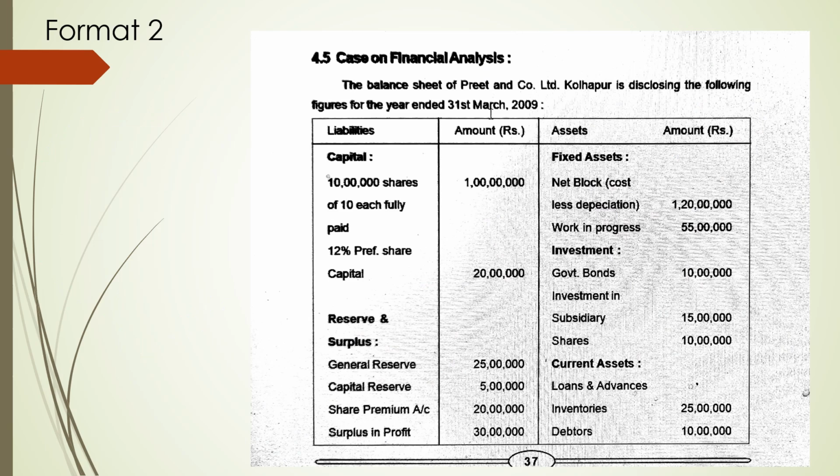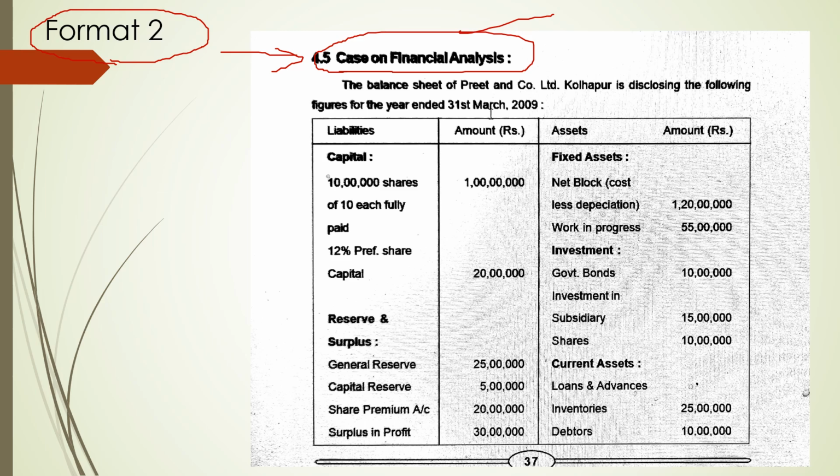So the first format was the written format, and the second format is the accounting problem, a mathematical model of accounting. This case I have taken from your SIM only. Case on financial analysis. They have already said that it is on financial analysis. Here you can see the balance sheet is given.